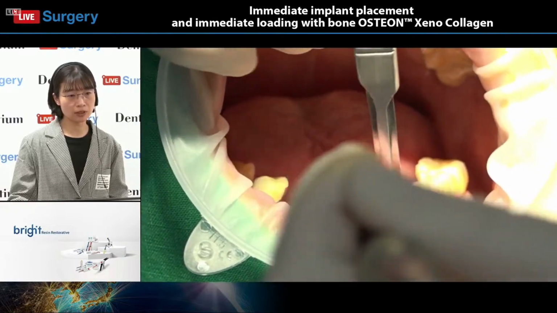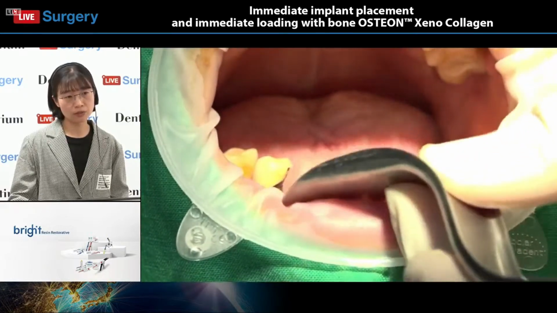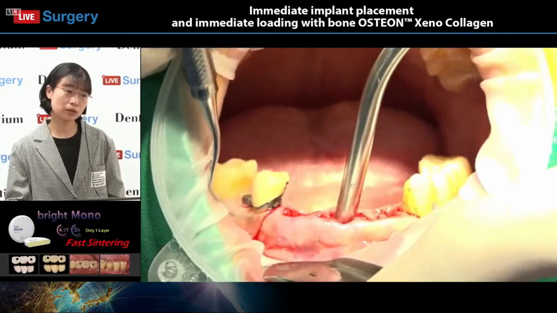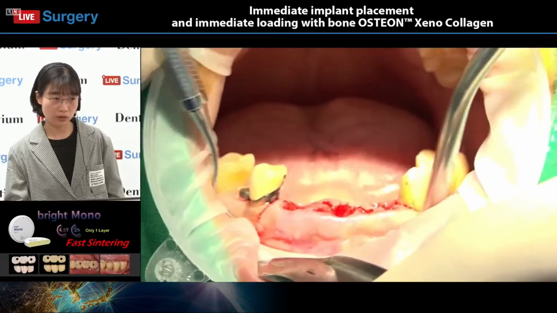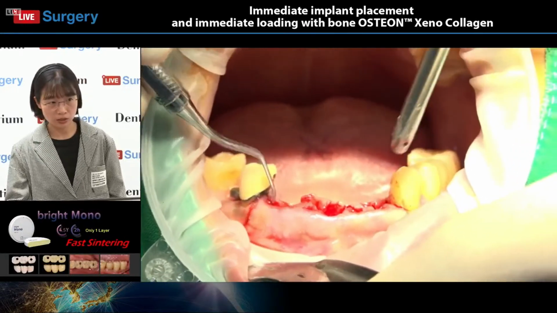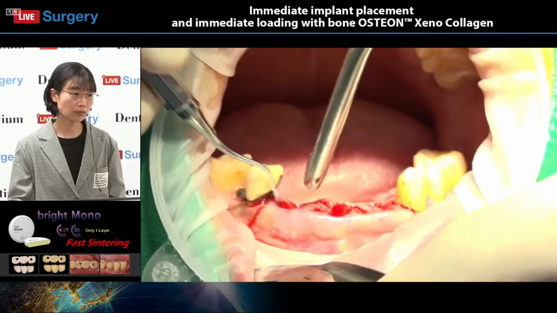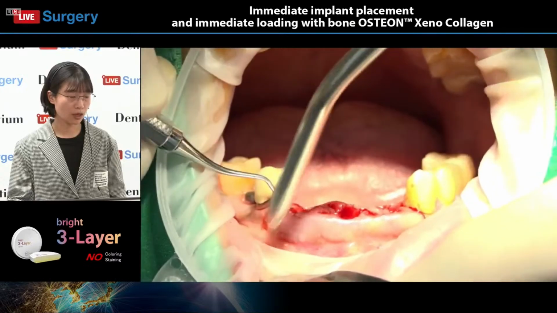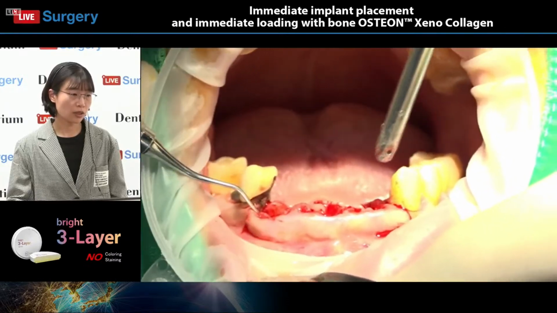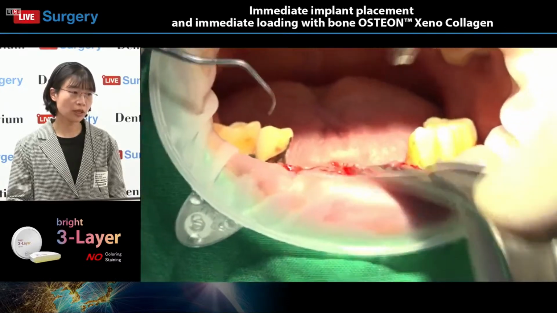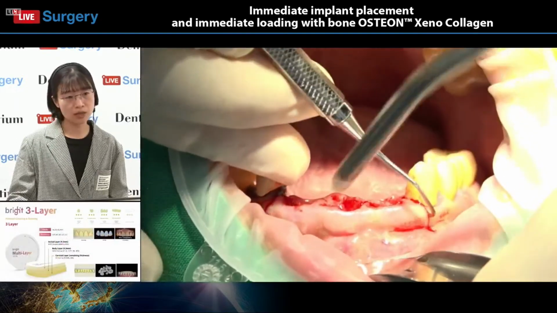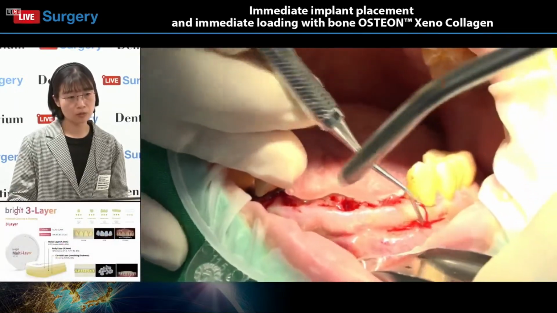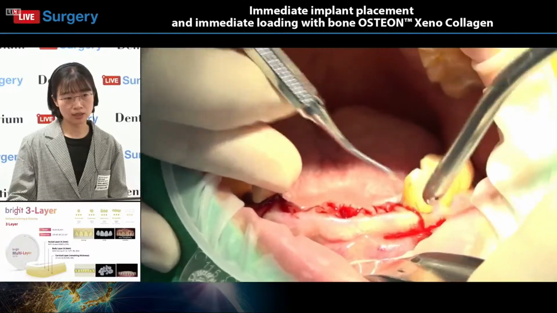And he makes a vertical incision on the distal part of the 33 tooth. Now he tried to separate the gingival flaps from the extraction sockets.